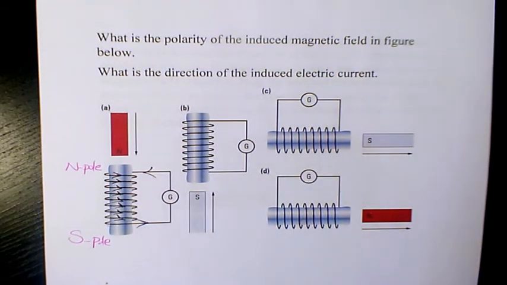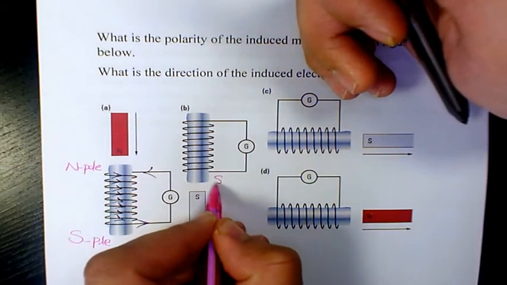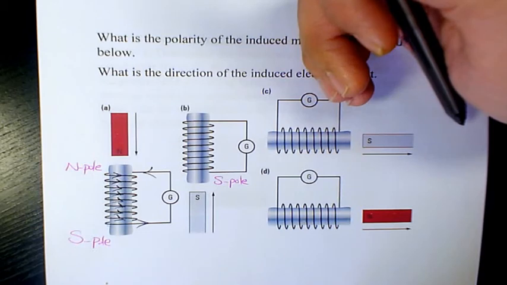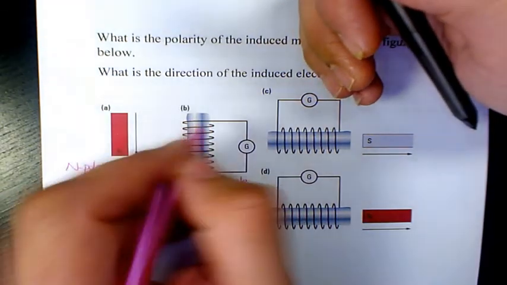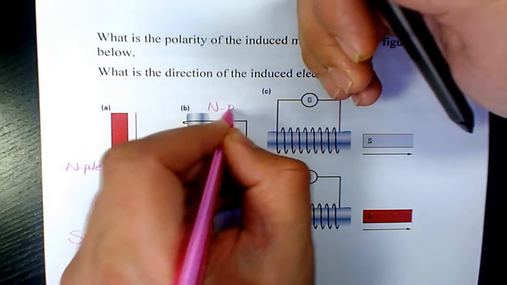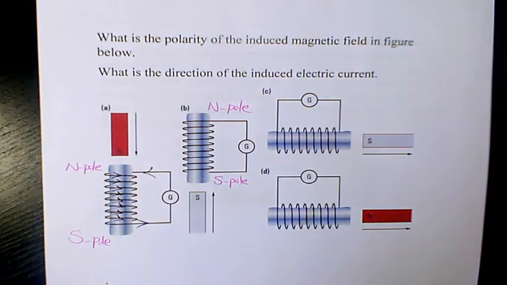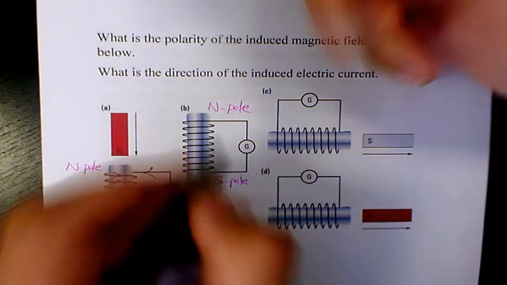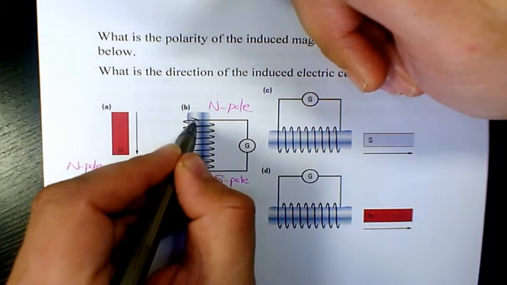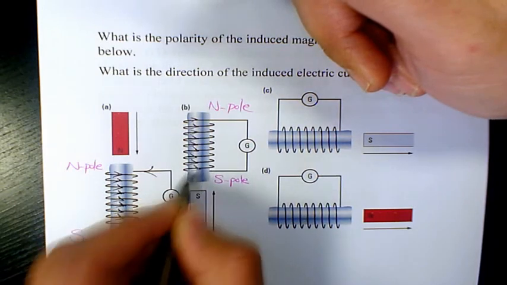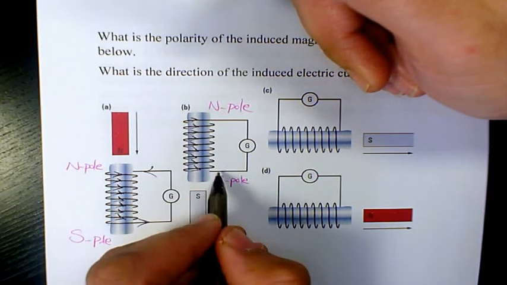So again, from Lenz's law, we need to have an S pole in here in order to oppose this changing magnetic field. So N pole in here, S pole in here. So again, I need to use the right hand rule. Thumb is going toward the north pole, up. So the location of this is going to be here.